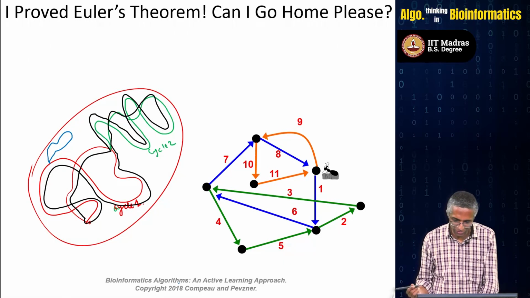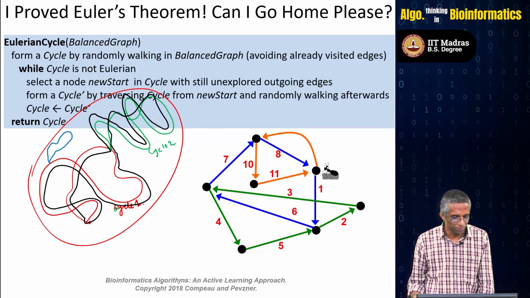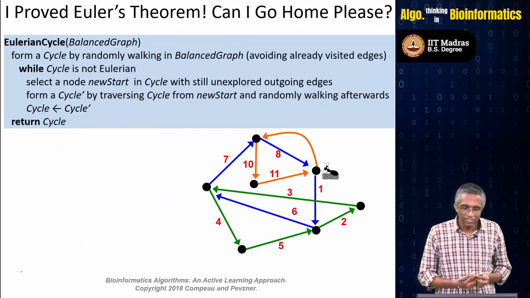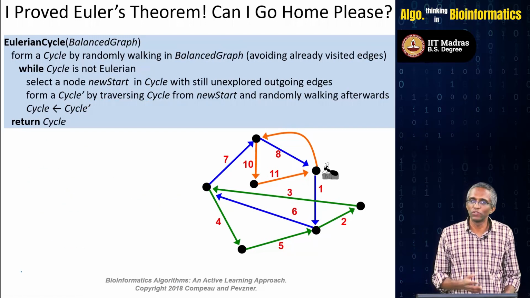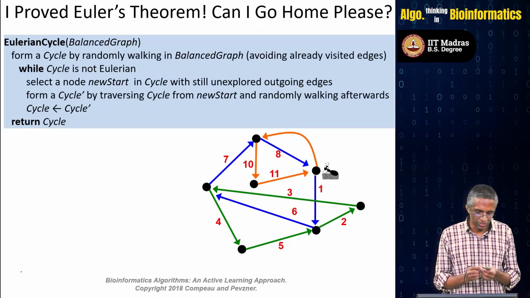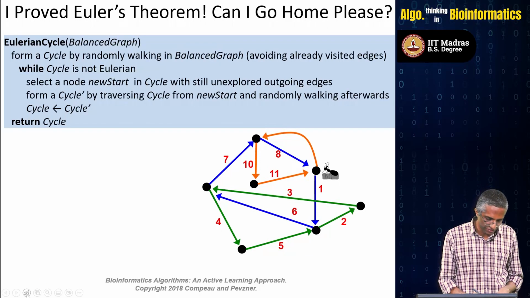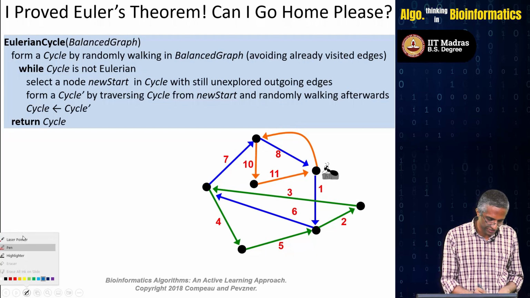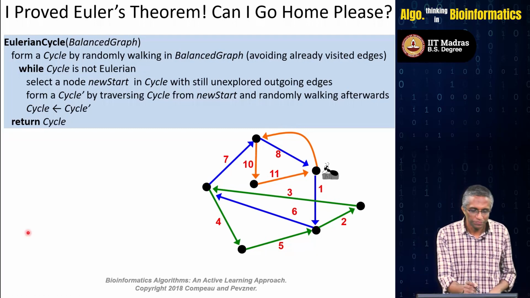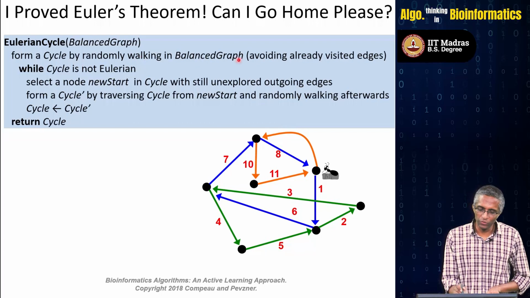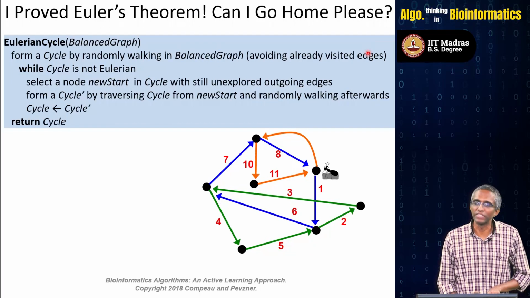Okay, so with that informal proof of Euler's theorem, how will you try to prove it formally or code it up formally, right? You use something called pseudocode, which you have seen in your earlier classes, right? So you form a cycle by randomly walking in the balanced graph, avoiding already visited edges.